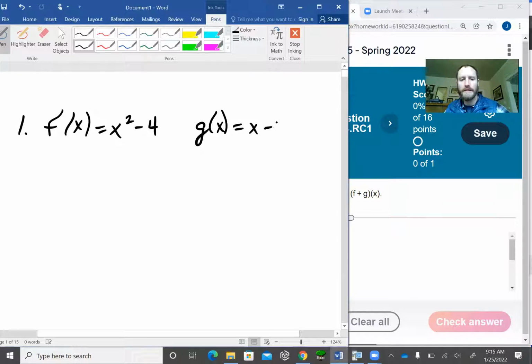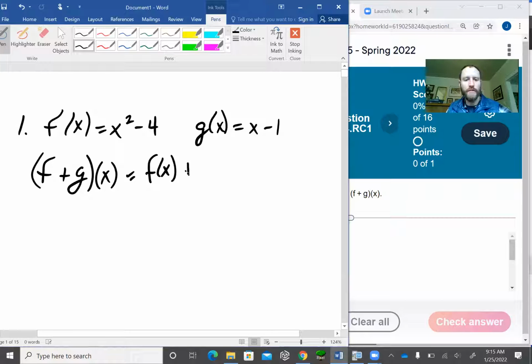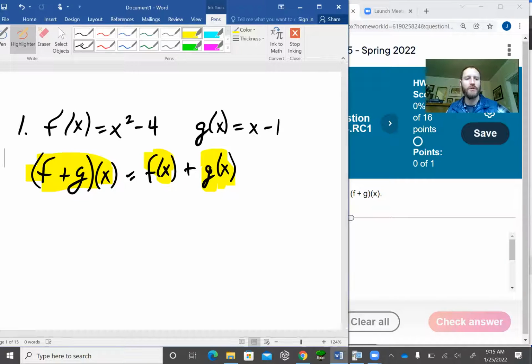And as I said in the notes, when you're looking for a sum, f plus g of x, which we'll rewrite here, the notation's kind of weird, f of x plus g of x. We first write it for some reason like this. But really, f plus g of x, you're just adding the two formulas together. So that's all we do.